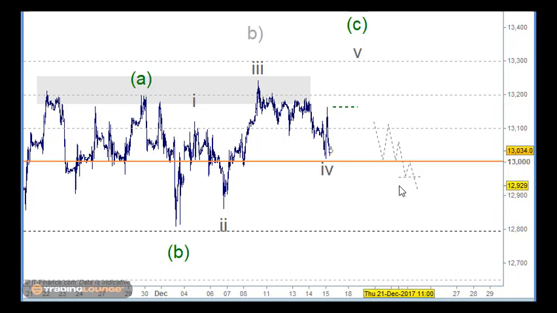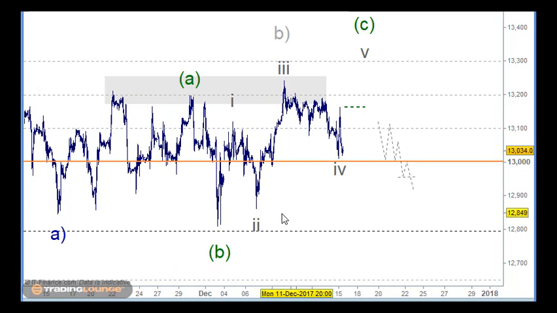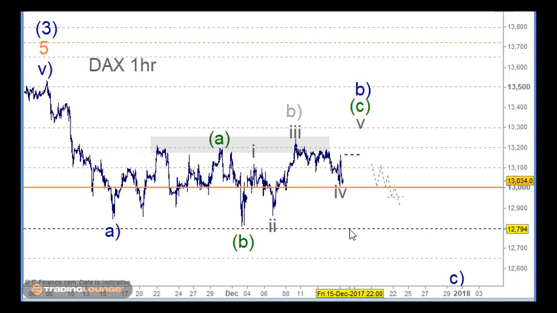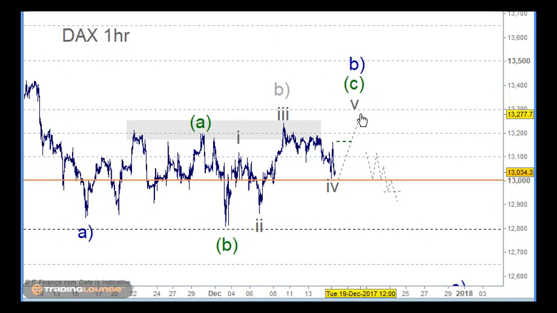So I'm just pointing out the short trade setups because we don't want to miss anything. As it stands at the moment, we are still looking for another move to the upside, 1, 2, 3, 4 and 5 finishing here and then moving down from here. But at the same time, I don't want to miss a trade setup.